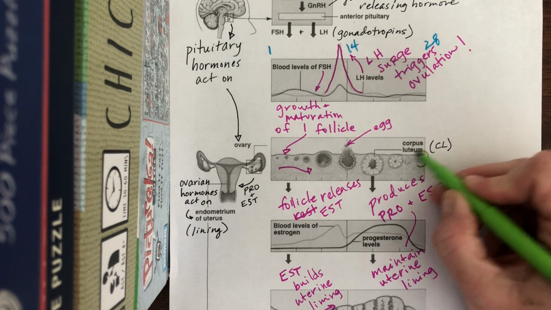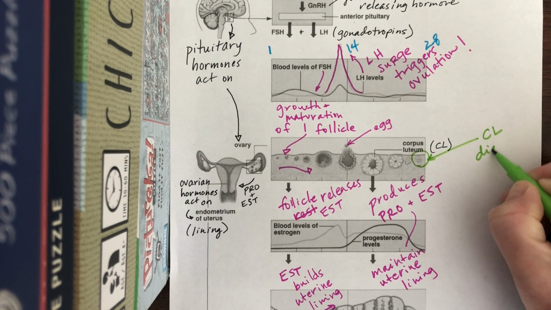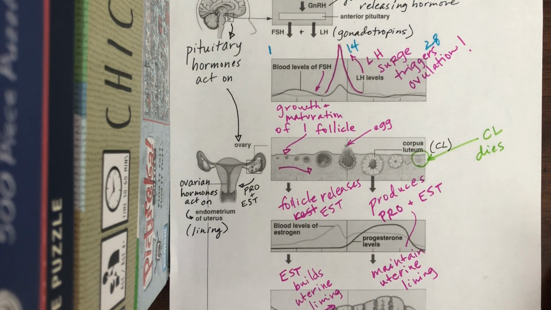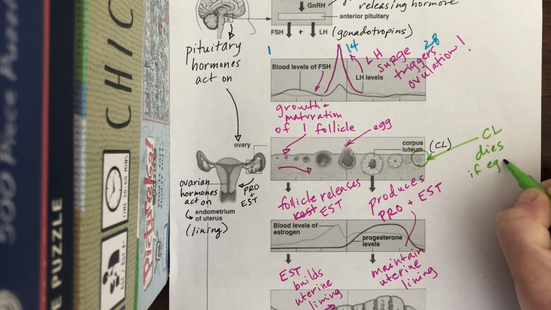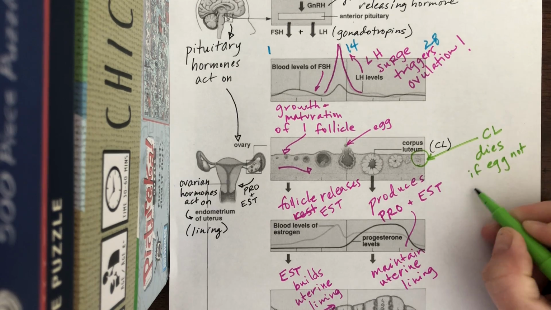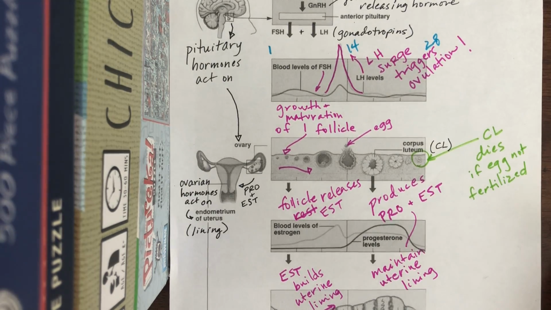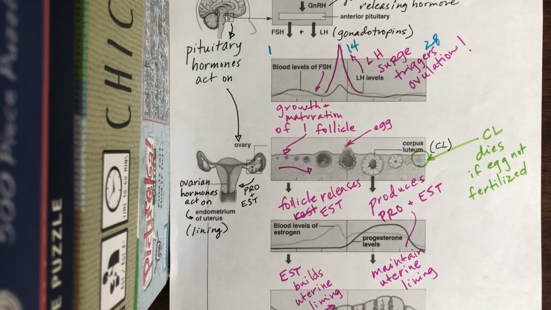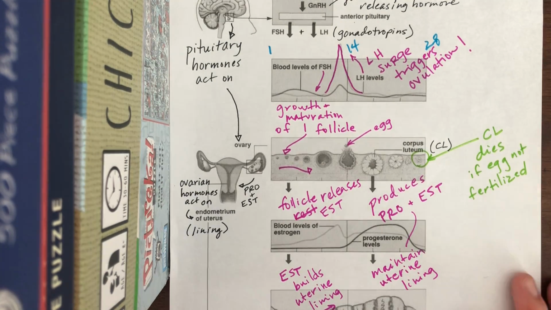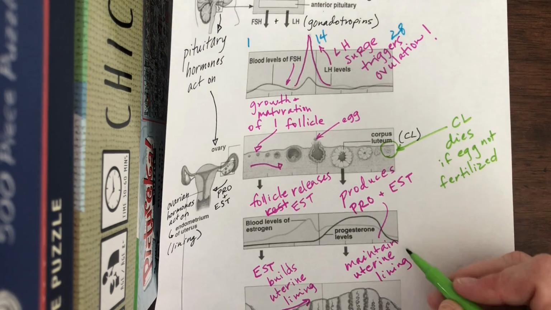If there's no sperm, here's the corpus luteum, it dies. Or I shouldn't say if there's no sperm, I should say if the egg isn't fertilized. Because the corpus luteum produces progesterone and estrogen, when the egg is not fertilized, no more estrogen is produced.